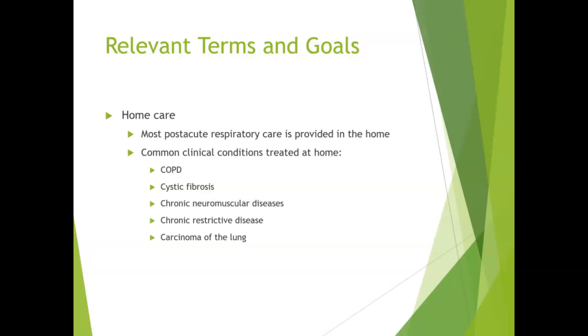The most common patients that we see in home care are COPD, cystic fibrosis patients, patients with neuromuscular disorders that are affecting their breathing, patients with chronic restrictive disorders, or even lung cancer patients, who would qualify for home care. And that could look like oxygen therapy, aerosolized medications, and other things to help them stay out of the hospital, which is the goal of all of these things.